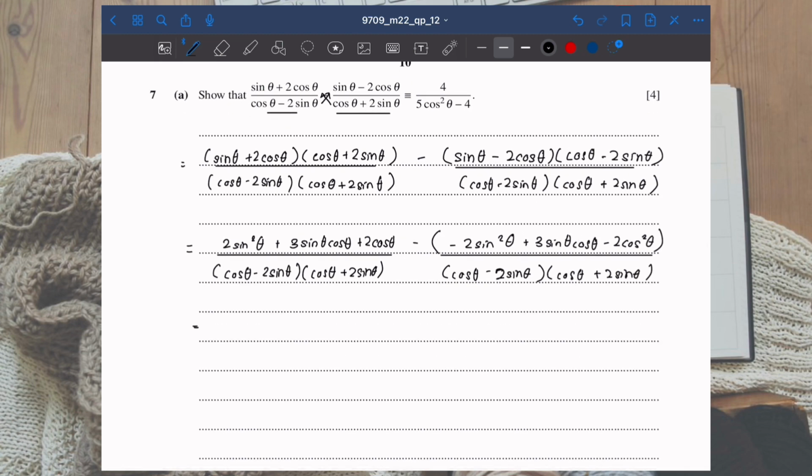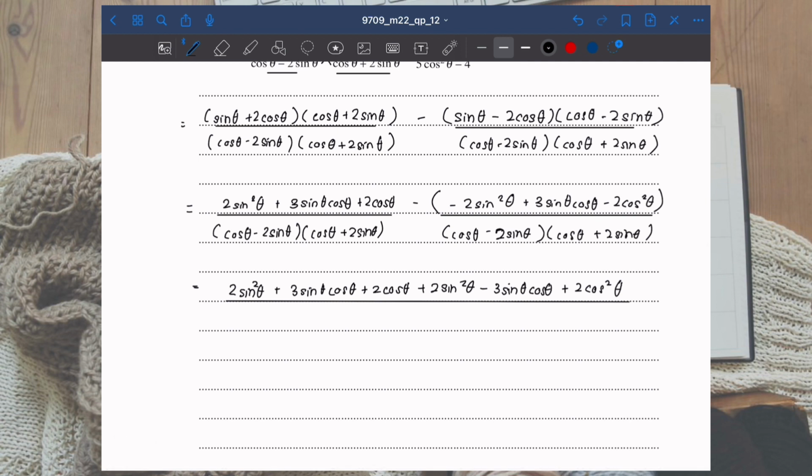So we can combine these two fractions to make one whole big fraction. So we get 2 sin² θ plus 3 sin θ cos θ plus 2 cos² θ. Then expand. So negative and negative, so we get plus 2 sin² θ. Negative positive, we get negative, so negative 3 sin θ cos θ. Negative and negative, positive, so plus 2 cos² θ.